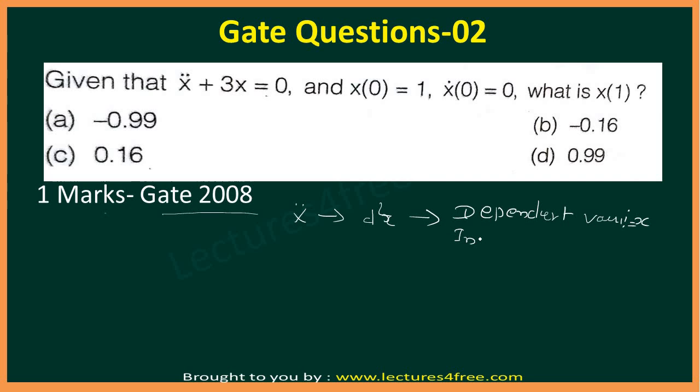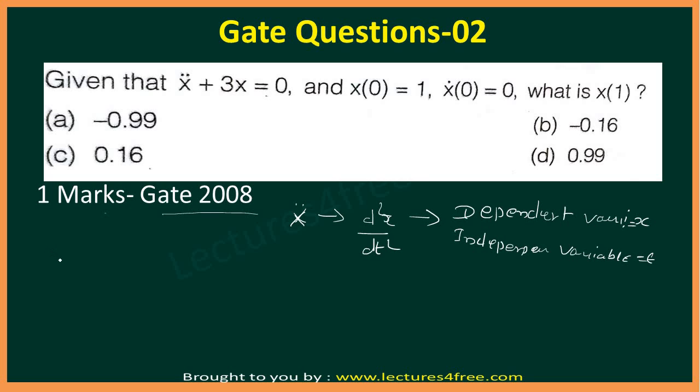Let's suppose your independent variable is t. So here x double dot is written, it means d square upon dt square. So you can replace it with D square.